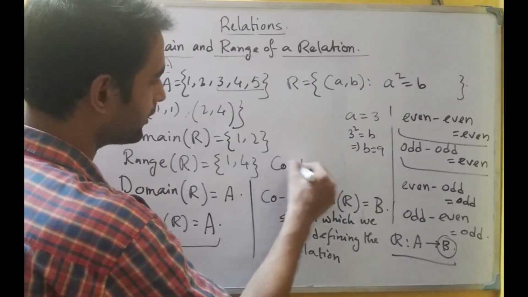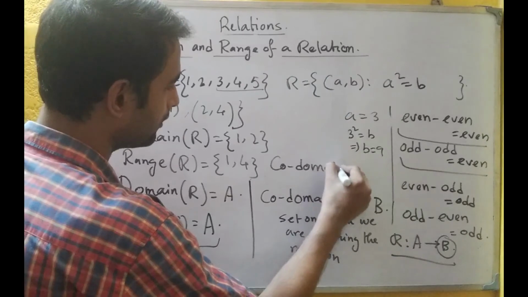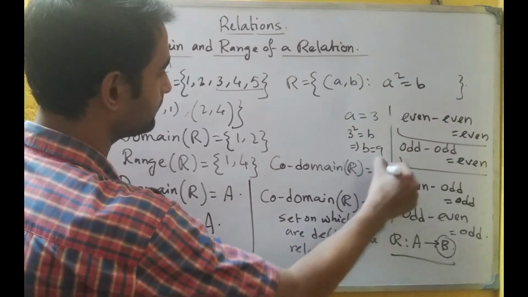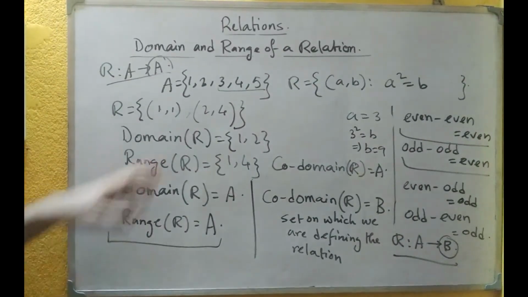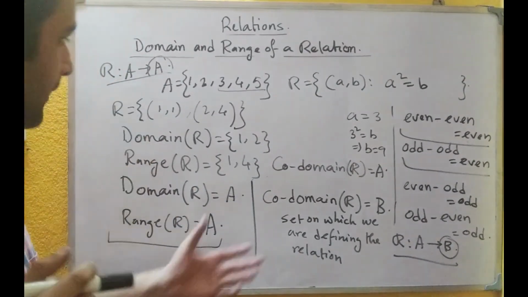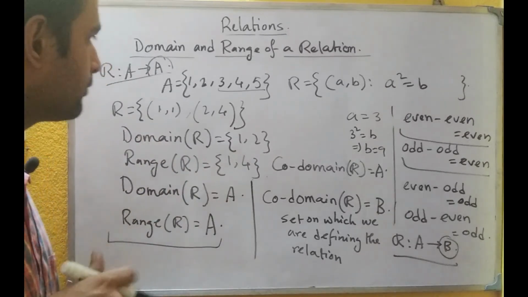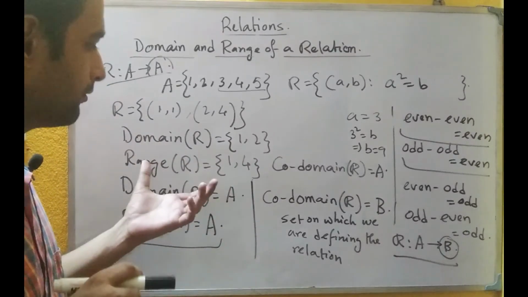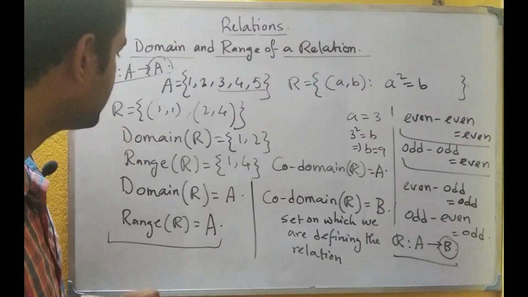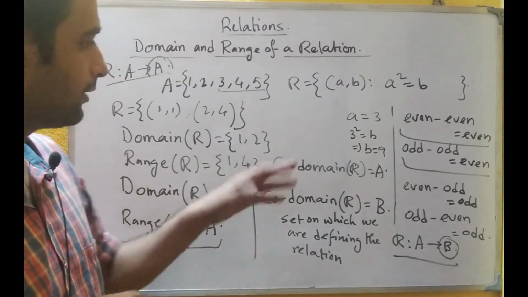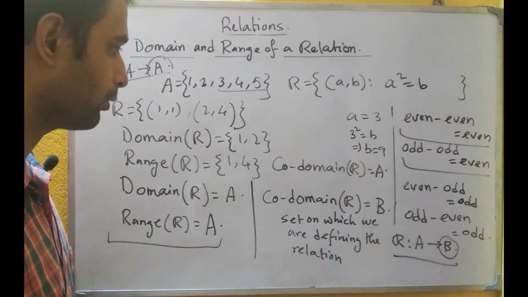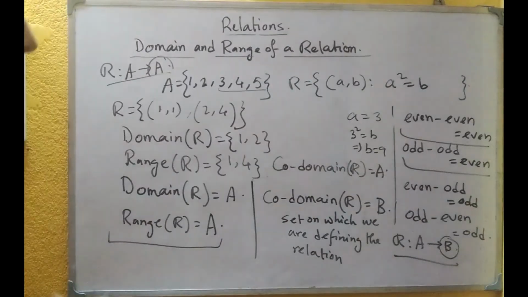Though the codomain here is A, that is the whole set 1, 2, 3, 4, 5. So this is the difference between range and codomain. Usually the codomain will be the set on which we are defining the relation, and the set range will be either the whole codomain or it should be a subset of the codomain.